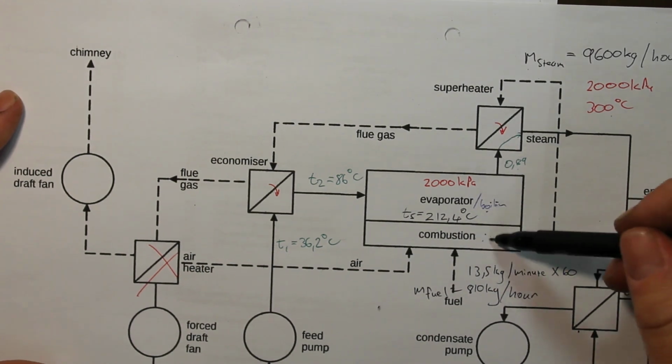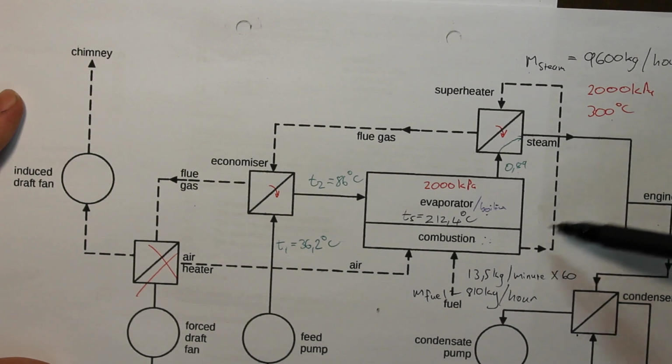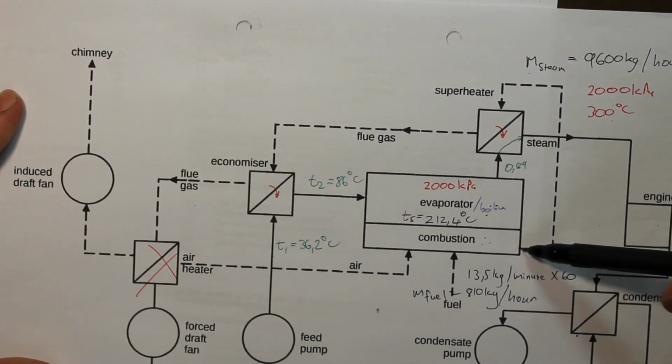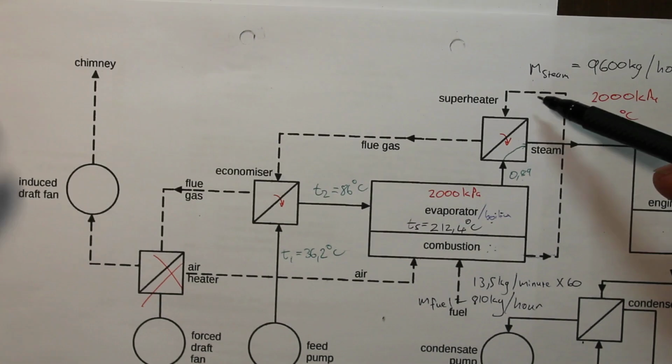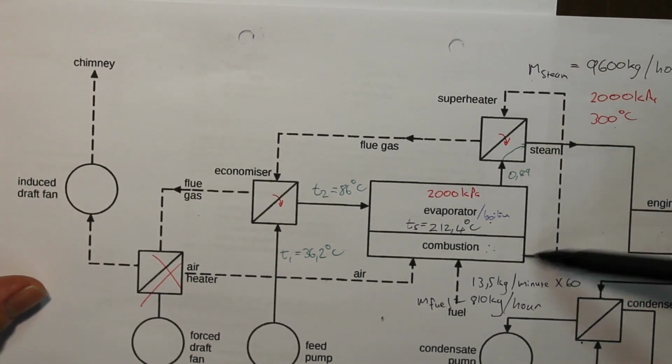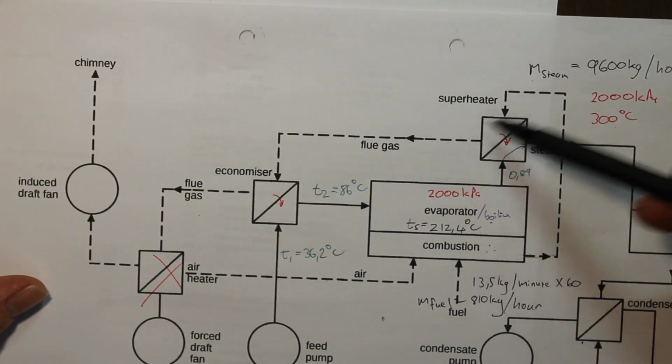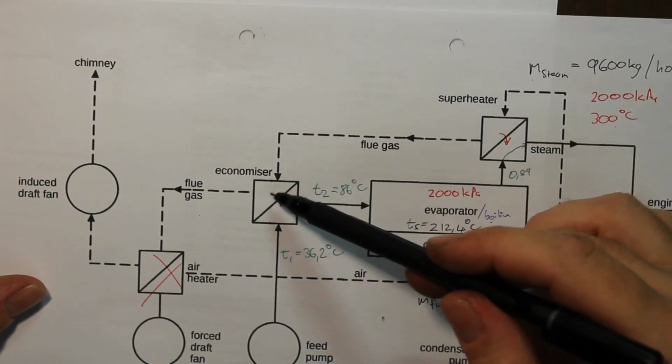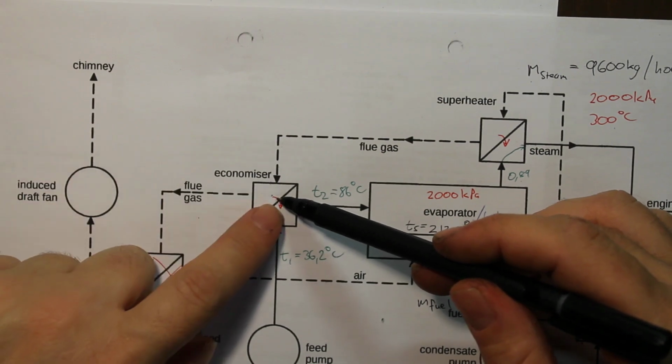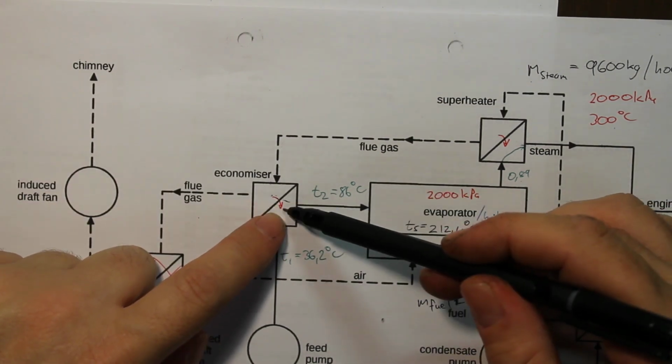We wish it could, but it can't. Some of it comes out through the flue, goes up and leaves the chimney, but not all. What we do is we recover some of it. So it gets to the economizer, and then it transfers some of that heat, which would have been lost, into the water.